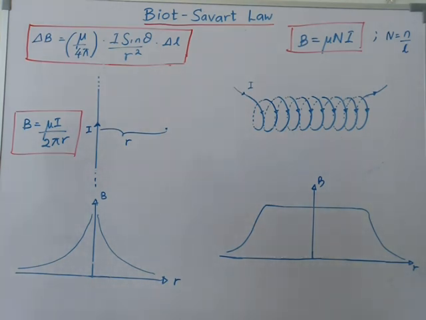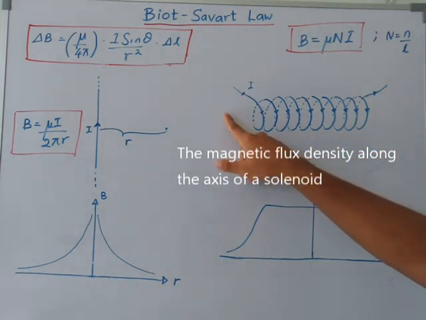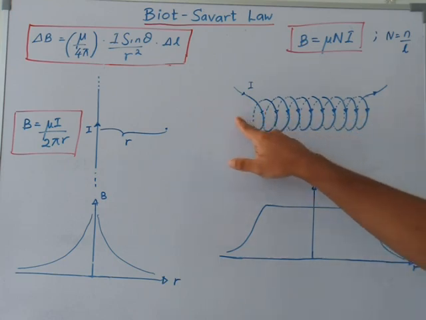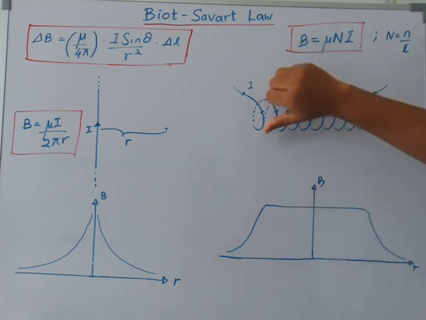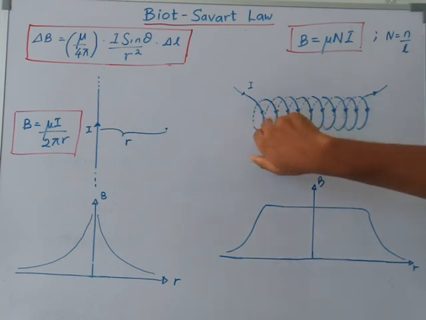And then we have the next one, a solenoid. Here we are going to consider the magnetic flux density variation along the axis of the solenoid. To find the direction, if you use the right hand rule around the wire along the solenoid, it always points in this direction.